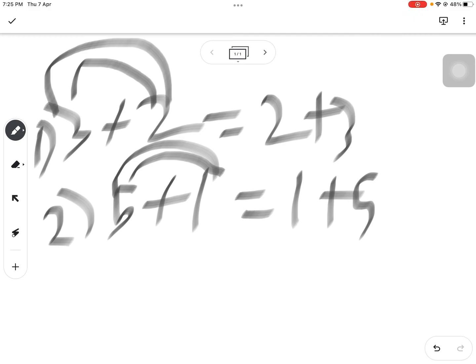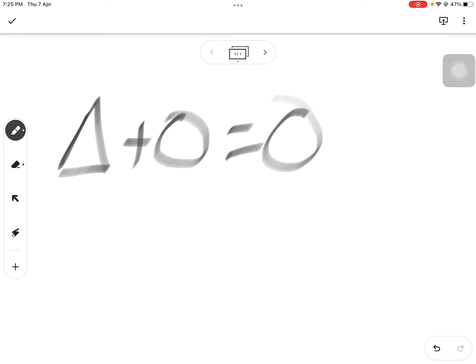And now this can also work for shapes, like triangle plus circle is equal to a circle plus a triangle.